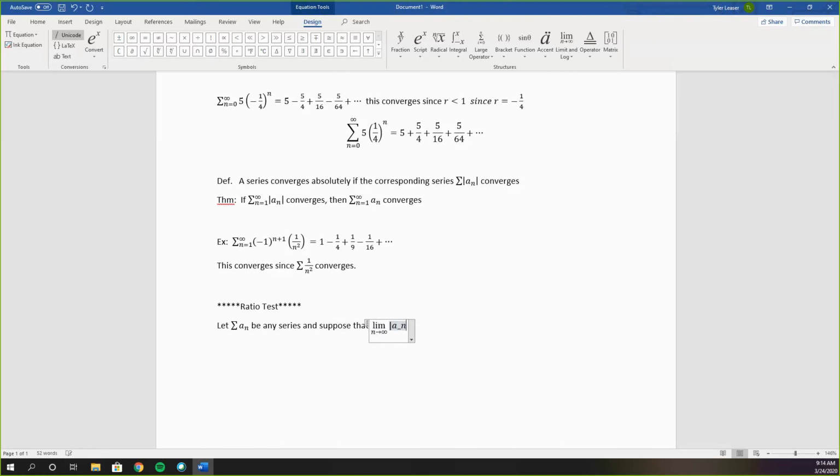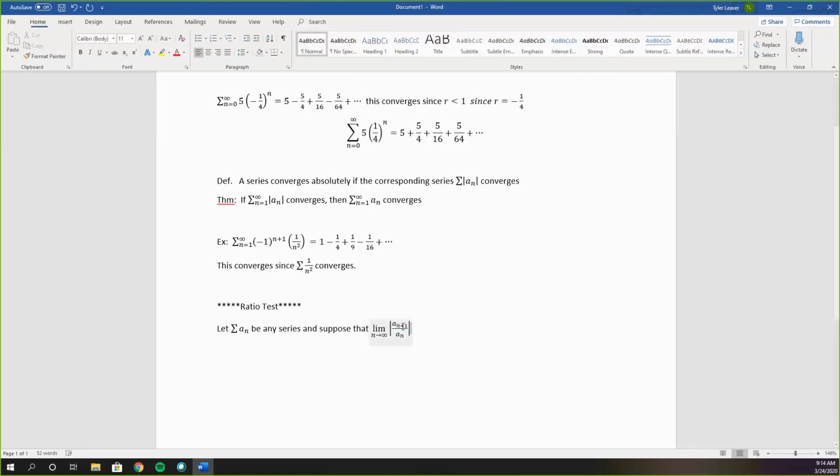This ratio is going to be the sequence term a sub n plus 1 divided by a sub n. This is the ratio test in general.